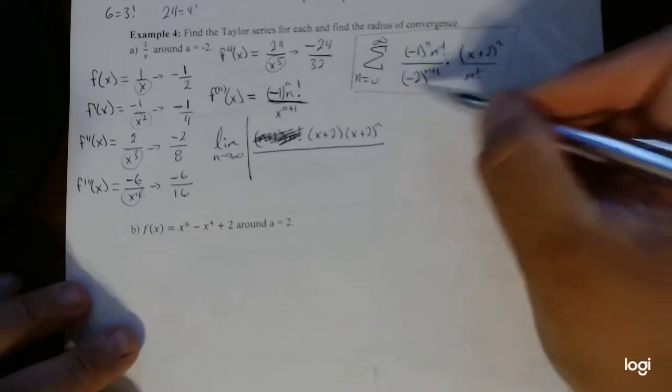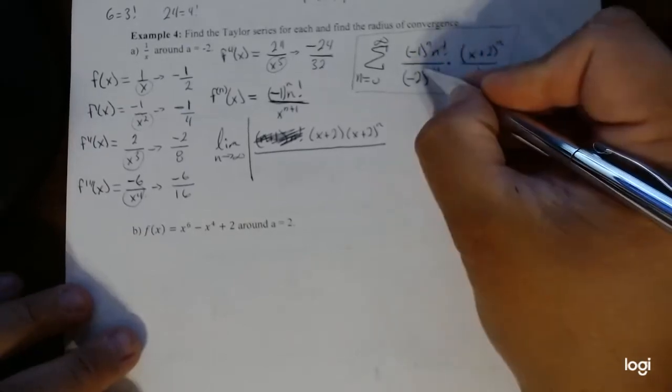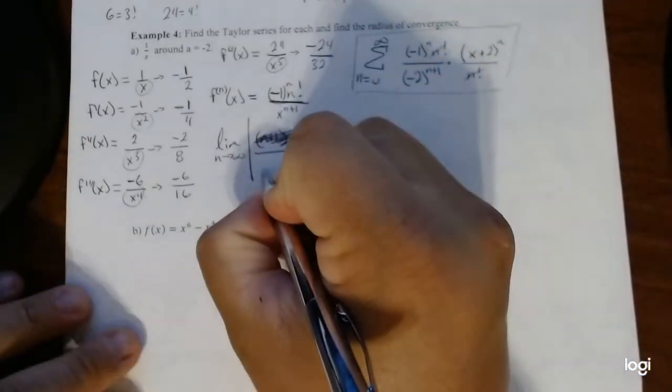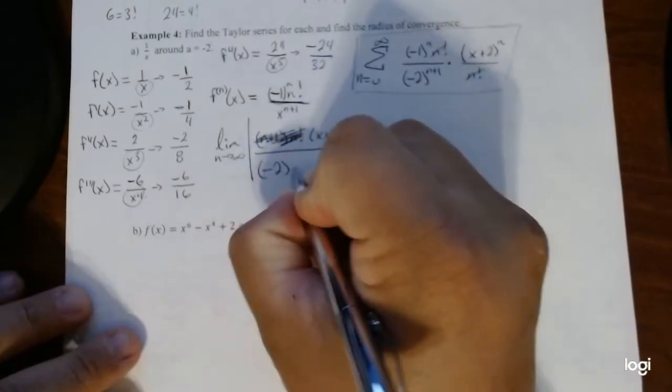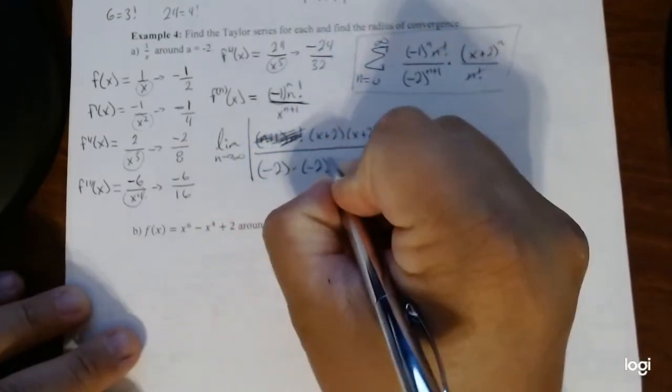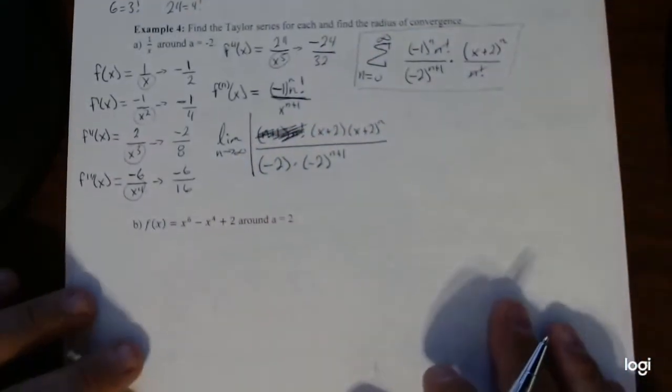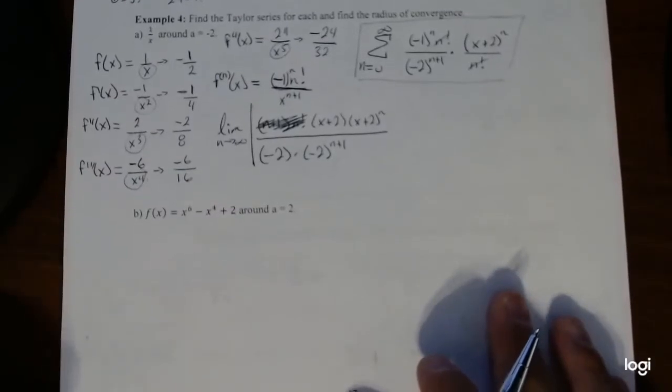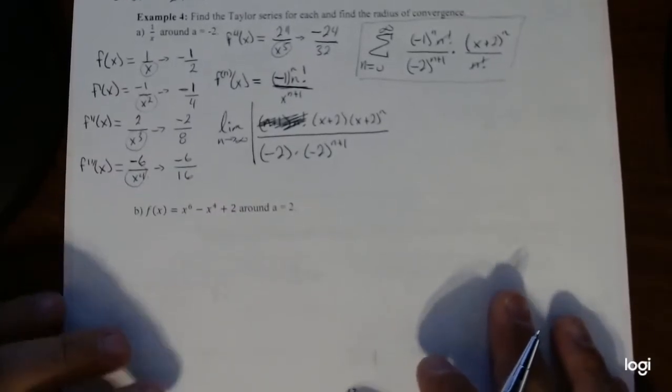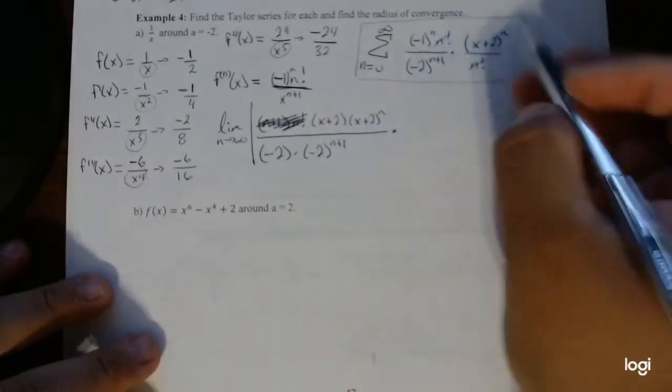And on the bottom, plus 1, so it's n plus 2. Like that. And times this flipped.